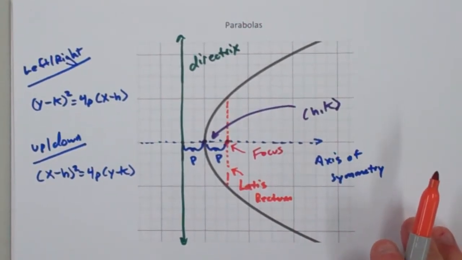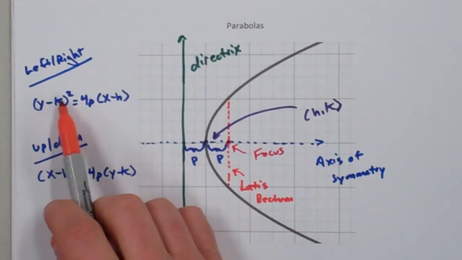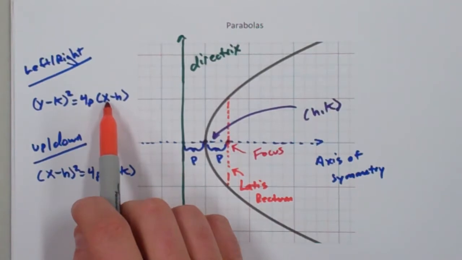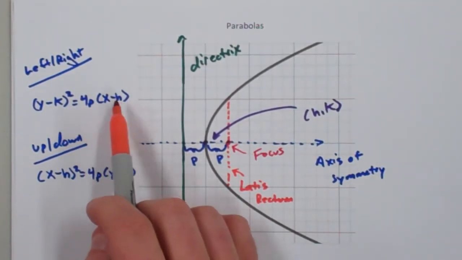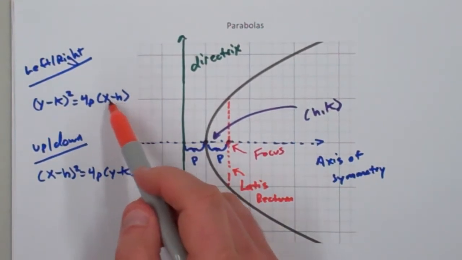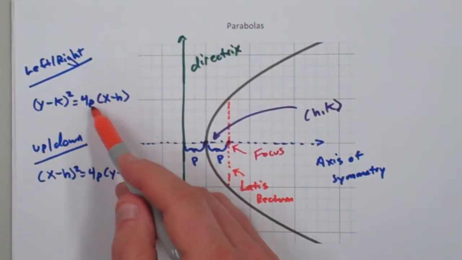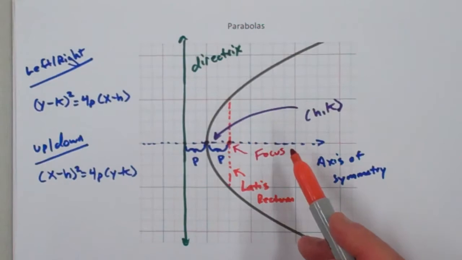If we take a look at the equations, you can see that if we open left and right, the y variable is the one that's going to be squared, and the x is what's not going to be squared. Also, there's going to be a value in front of this x term, or at least the x minus h, and that's going to be 4p. So whatever value is here, we're going to want to divide by 4, and that'll give us the value of p.